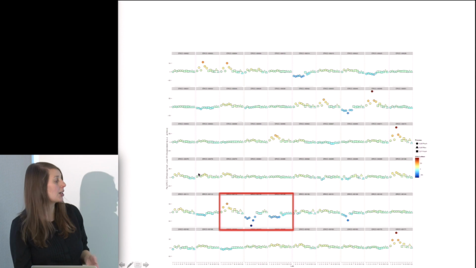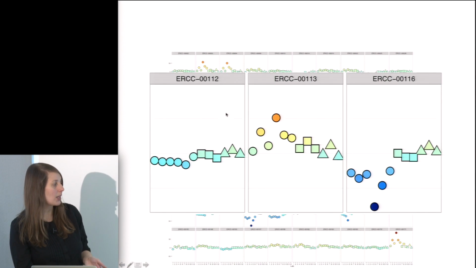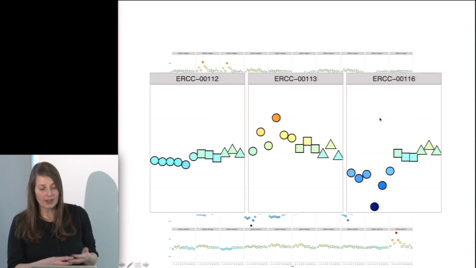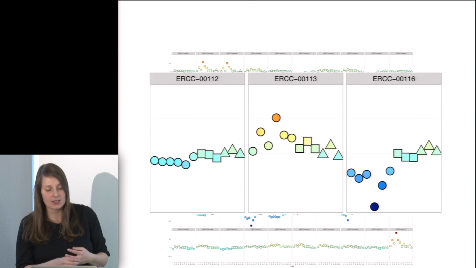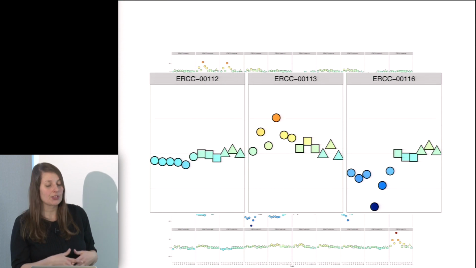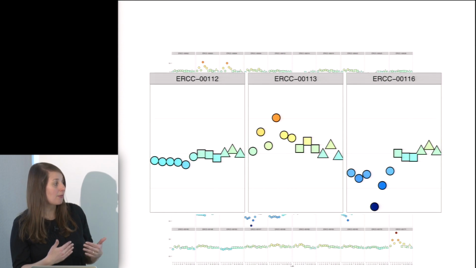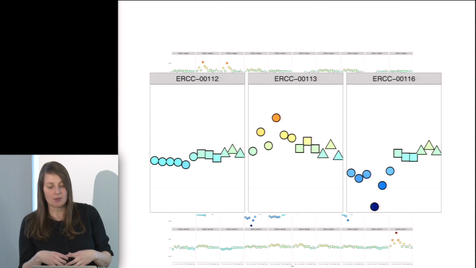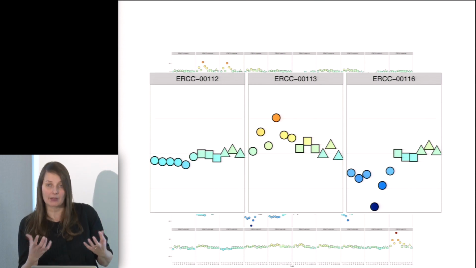And then again, here's another example where we can see that ERCC 116 was heavily affected by the poly-A selection process, and ERCC 113 was able to make it through the process. The recovery efficiencies were a little bit better than expected.